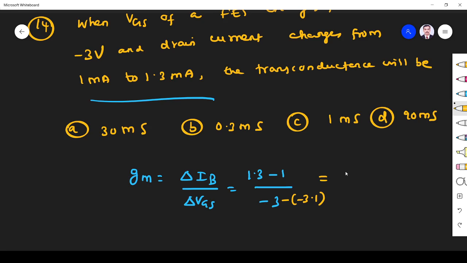So what happens, it is 0.3 milliampere divided by 0.1 volt, fine. So okay, the change in current is very important.